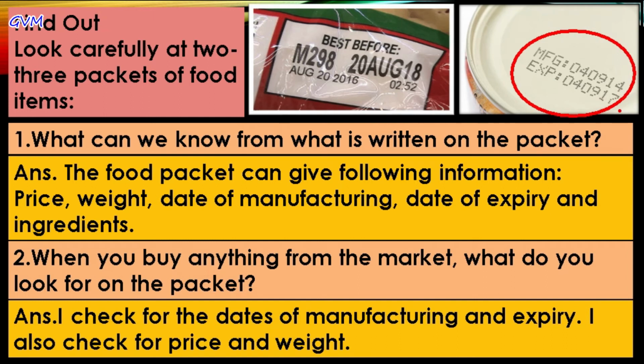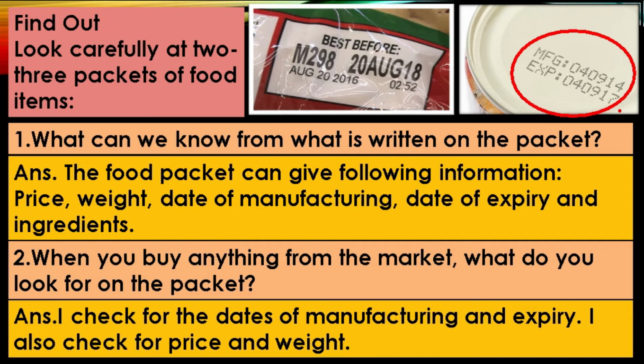Students, MFG means manufacturing date, which helps you know when this particular food item was manufactured. As written here in this image, 4 September 2014 means this particular food item was manufactured on 4 September 2014.